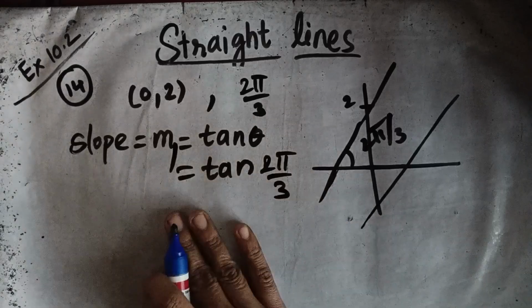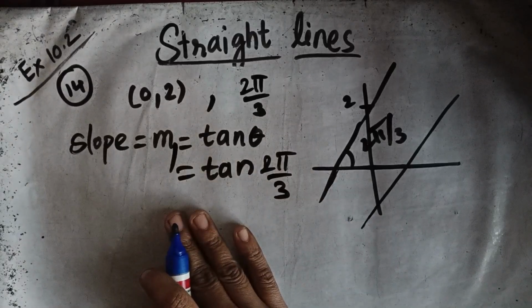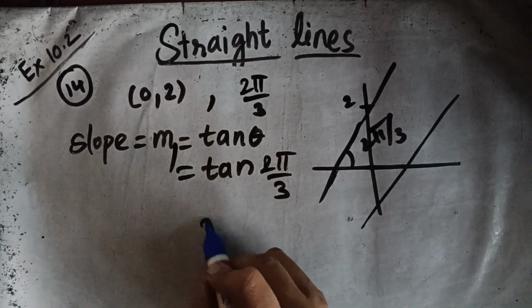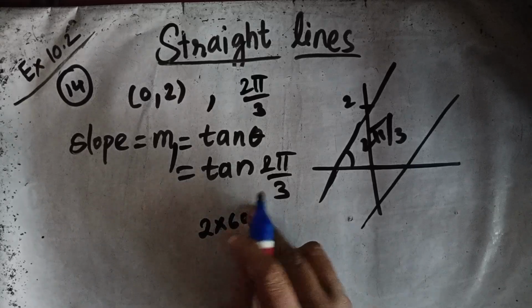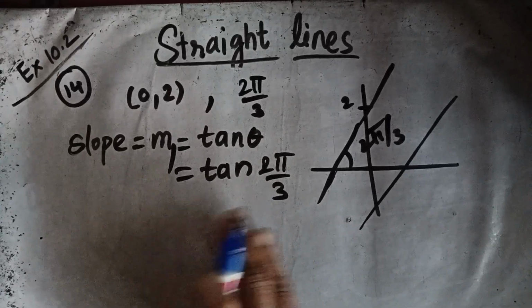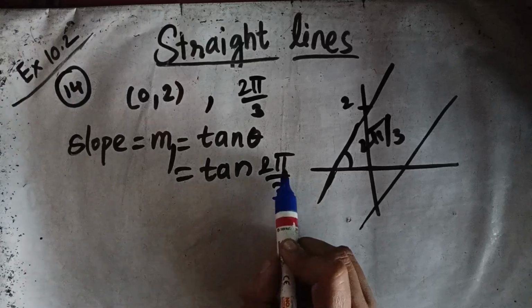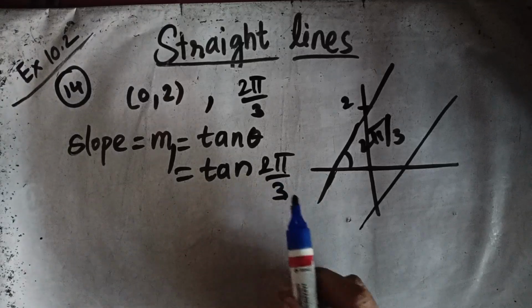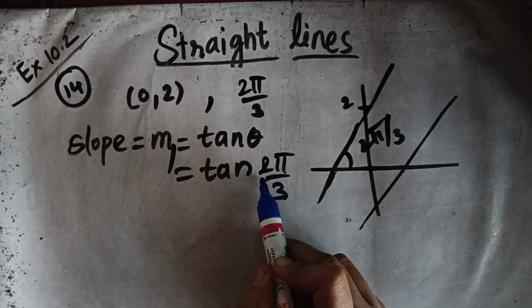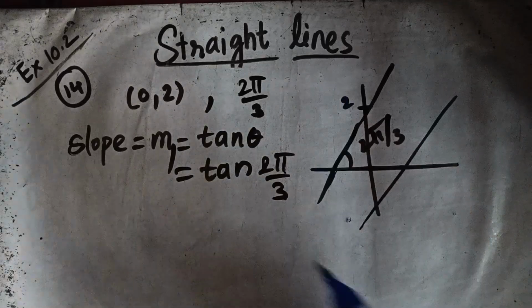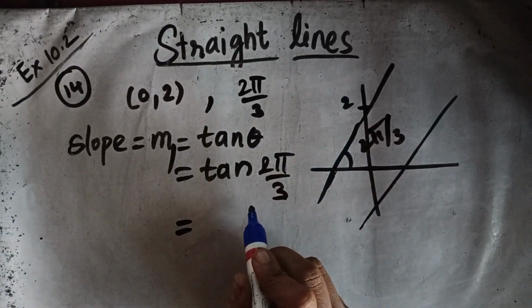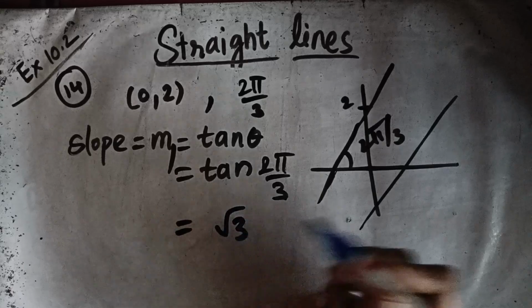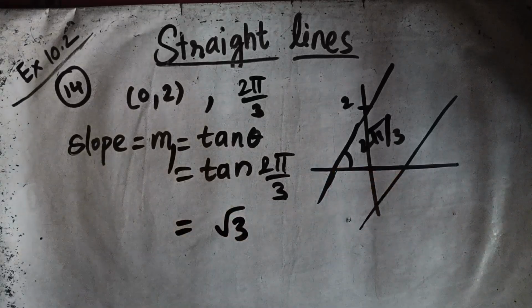So what is 2 pi by 3? 60 into 2, so this is 120. Okay. So pi by 3 is 60, 2 times. So it falls in the second quadrant.